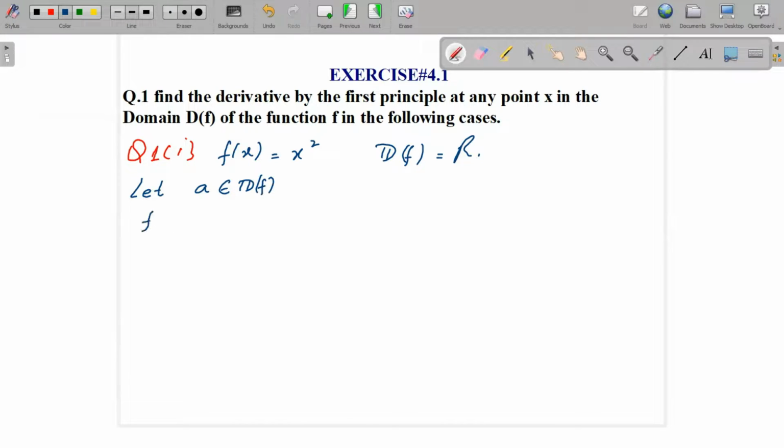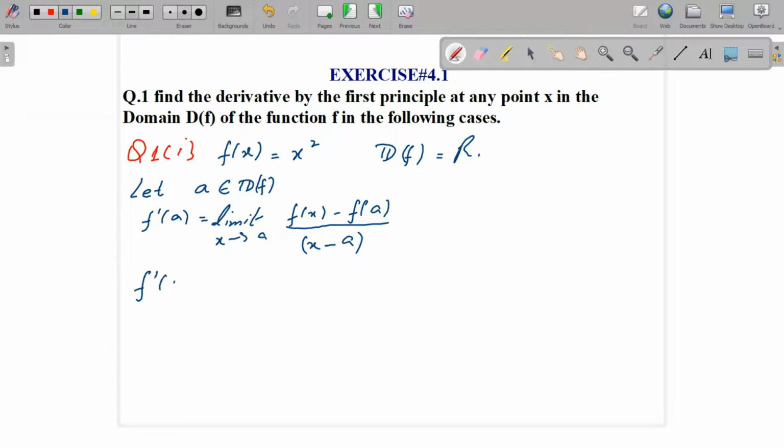Then f prime of A is equal to the limit as x approaches A of f of x minus f of A divided by x minus A. So this is the formula.